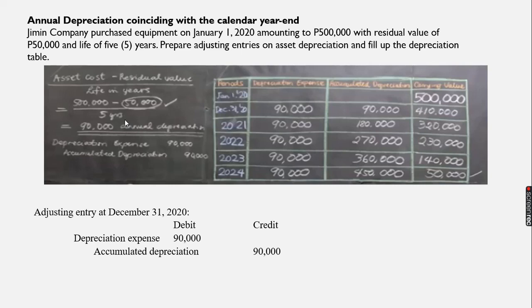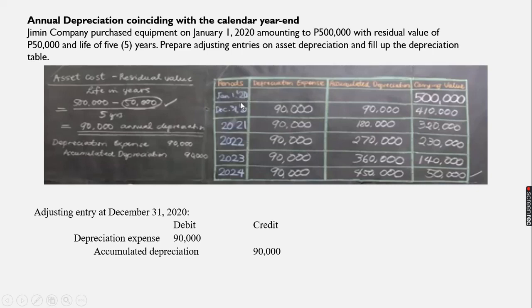So, makukuha natin ang annual depreciation niya is 90,000. So, ang adjusting entry mo sa December 31, 2020 is depreciation expense worth 90,000 and accumulated depreciation is 90,000 sa credit. Okay?